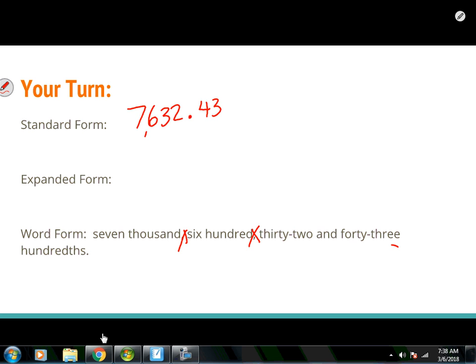Okay, this is a good example of when you make a mistake, take another look at it, figure out what you did. We all make mistakes, even me. It's hard to believe, I know, but this is how we would write it, 7,632 and 43 hundredths. In expanded form, we would say 7,000 plus 600 plus 30 plus 2 plus 4 tenths plus 3 hundredths.